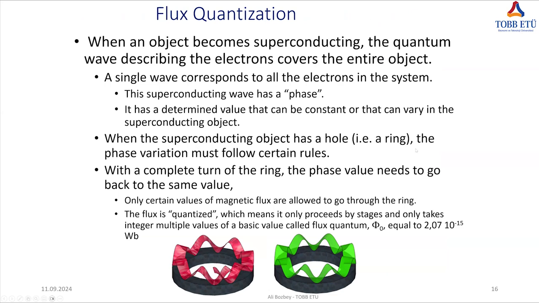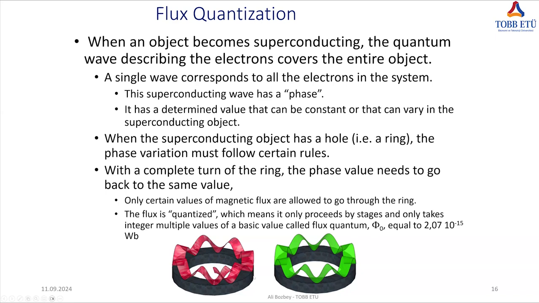When there is a hole inside the superconductor, I mean, when we make a ring from a superconducting material, the phase variation must follow certain rules like quantization. It means only some discrete amounts of magnetic field can penetrate this ring. Half or some fraction of a magnetic flux quantum cannot exist in the superconducting ring.